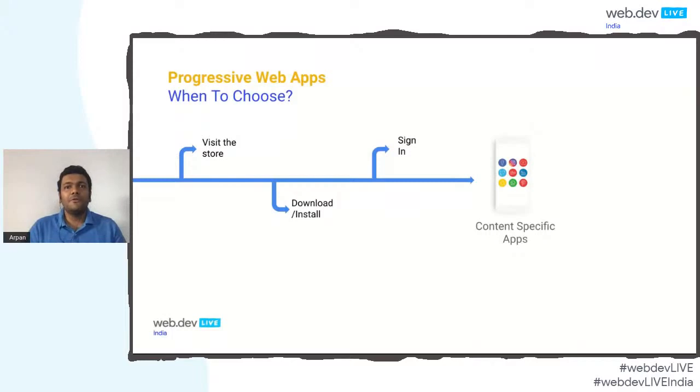Whereas if you do not want your user to go through all those steps, that is, if the user is already browsing through your experience, you just want them to click a button and it automatically gets added to their home screen and it just works normally like an app, then you should not want your user to install something else, which is like taking 3 steps.